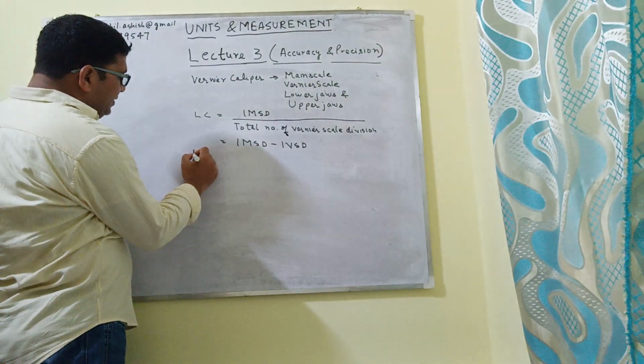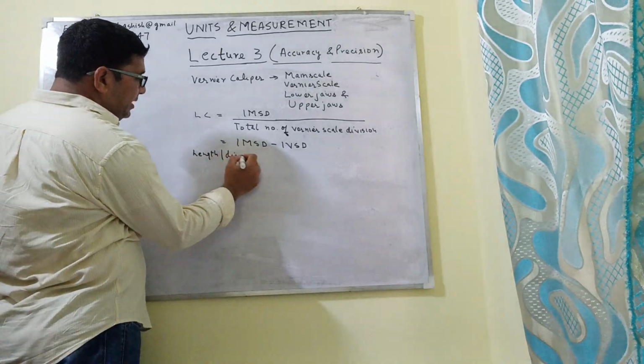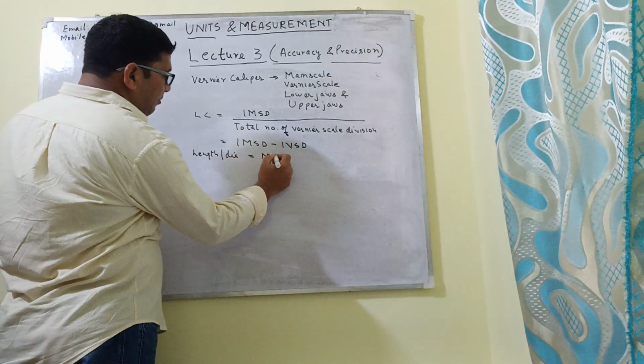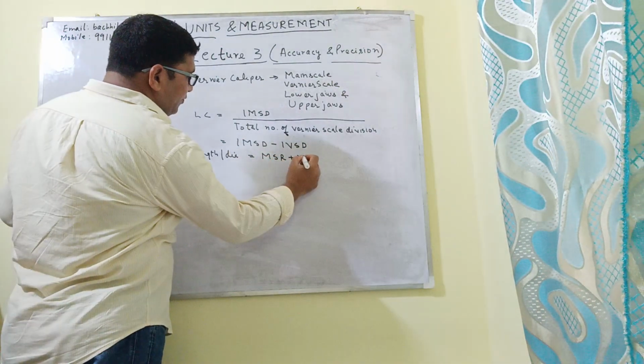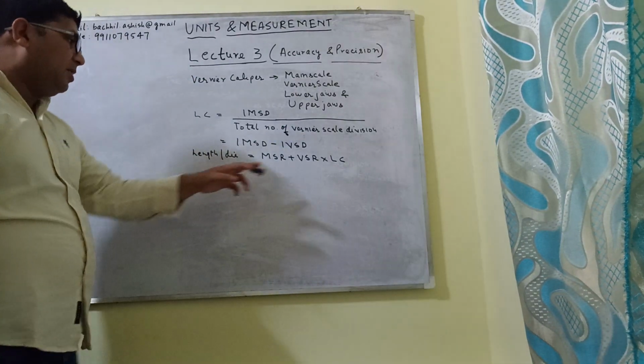And the length or the diameter can be calculated by the formula: main scale reading plus vernier scale reading into the least count of that instrument. Now, what is the vernier scale reading?